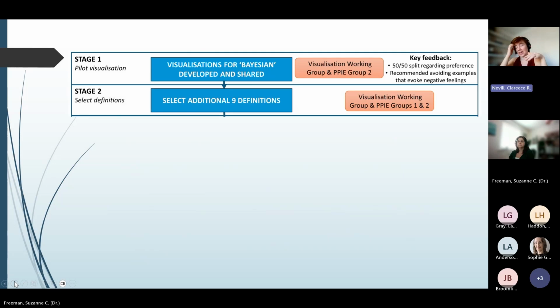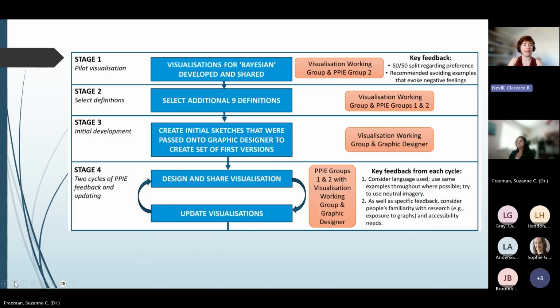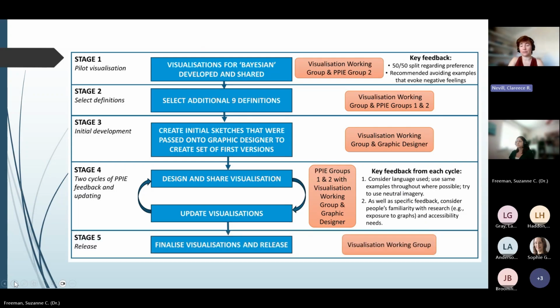The second stage was choosing which of the 64 terms to make into visualisations, because it wasn't obvious which ones to choose. Then, very similar to the glossary, we did some initial development, which involved some sketching and chatting to the graphic designer, and then these cycles of PPI feedback and constantly updating to finally release them into the wild.